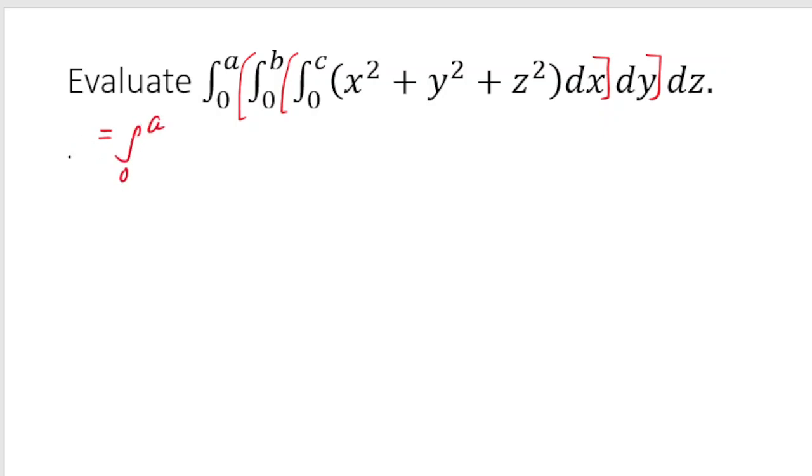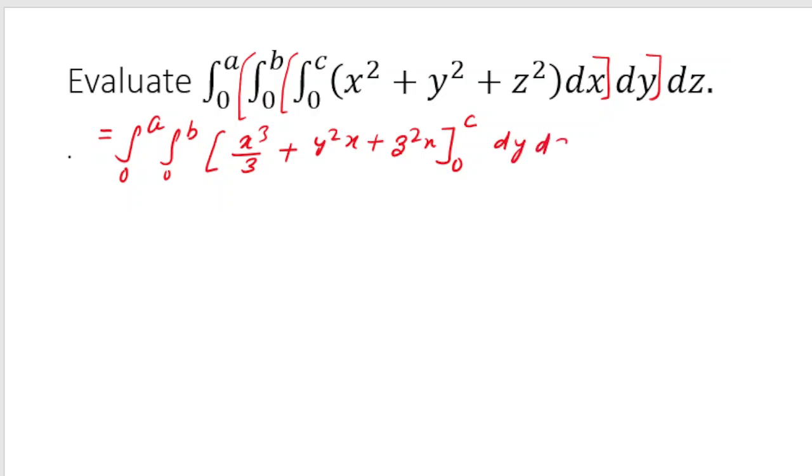Without copying the question, I start with 0 to a, 0 to b, and first we integrate with respect to x. We have x squared, which gives x cube by 3. Then y squared gives y squared x, and z squared gives z squared x, with the limit of integration 0 to c, and then dy and dz.